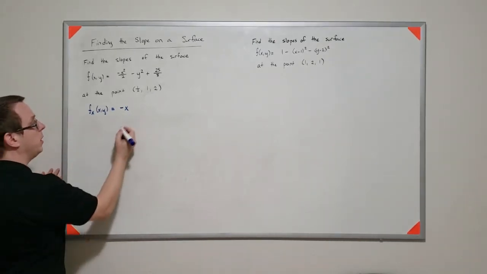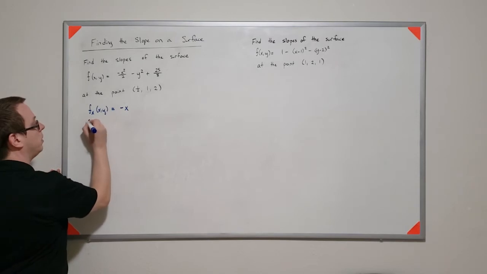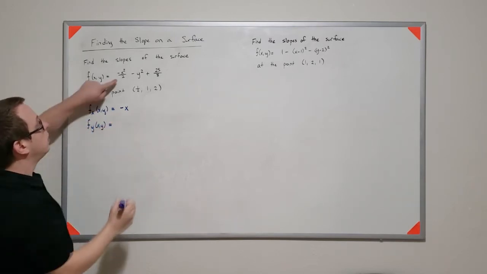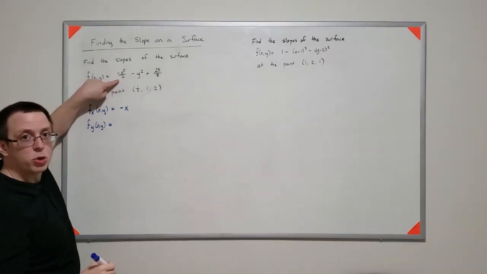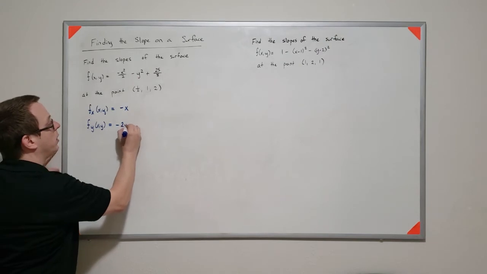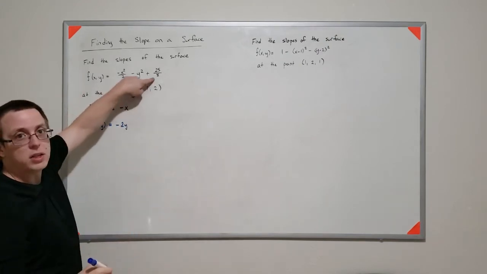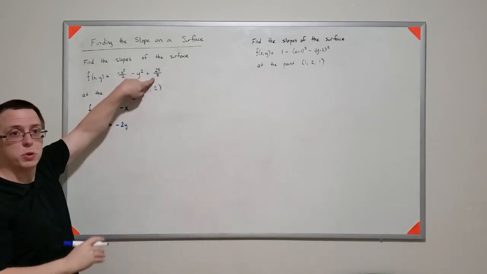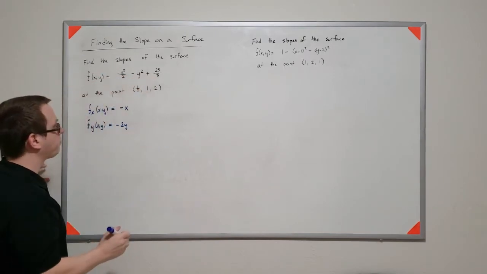So similarly, if I were to find the partial with respect to y, this is held constant, so its partial with respect to y is 0. This becomes negative 2y, and again, that's constant, so its partial with respect to anything is 0.